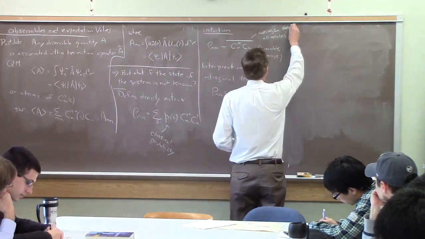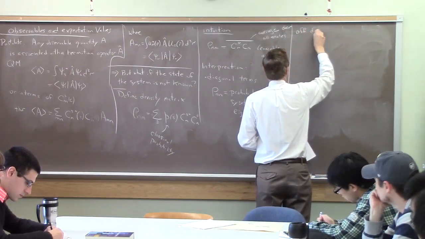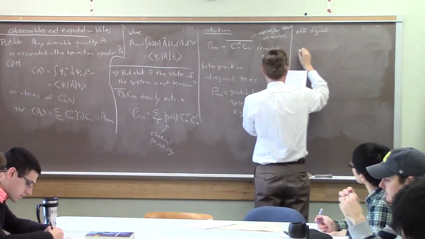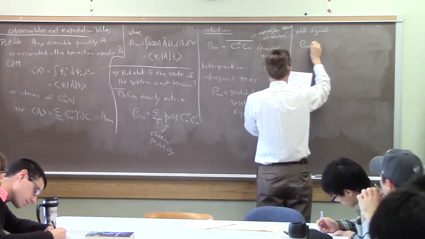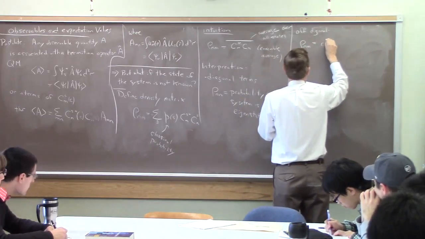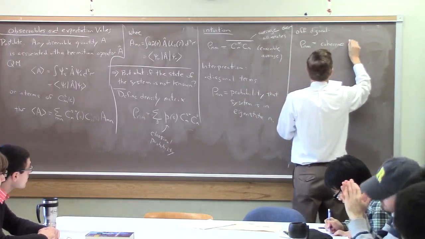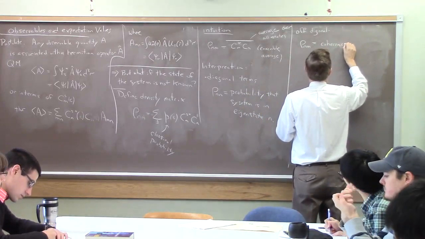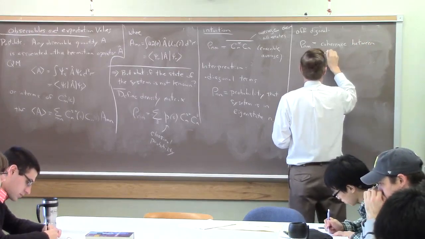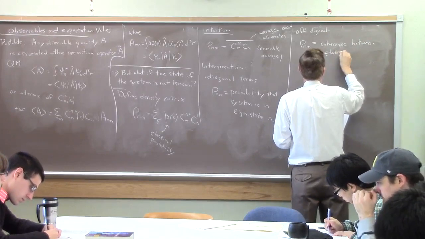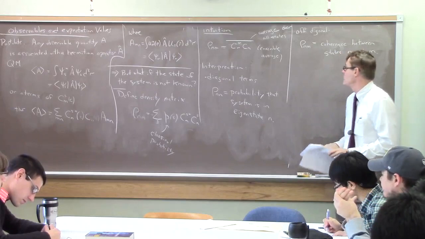More subtle is the off-diagonal. Here, rho n m is the "coherence" between states n and m.